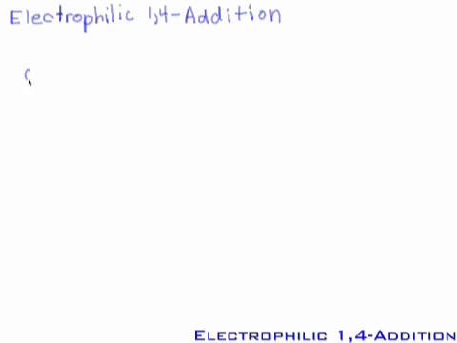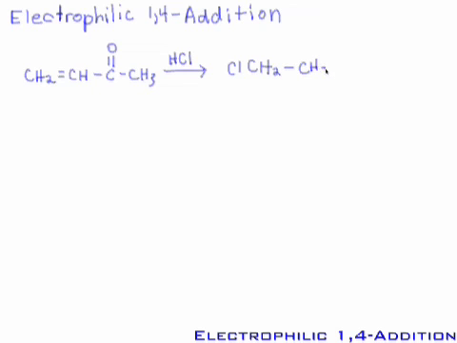If we start with CH2, double bond, CH, C double bond O, CH3, and I hit this with HCl, react this with HCl, I get Cl, CH2, CH2, C double bond O, CH3.